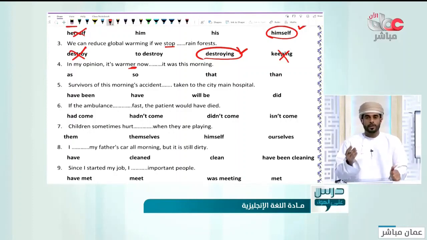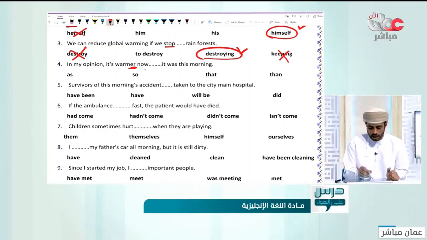What is this? We have those adjectives in here. What do we call it? Superlative and comparative. So when we are comparing between two things, we say warmer than, shorter than. But teacher, we have the word now in here.